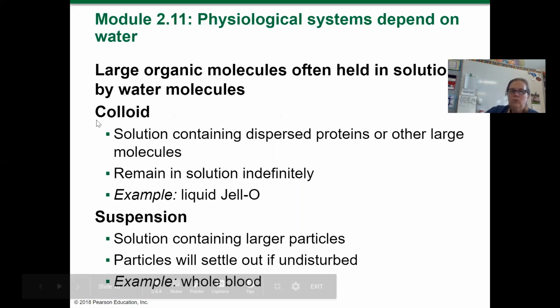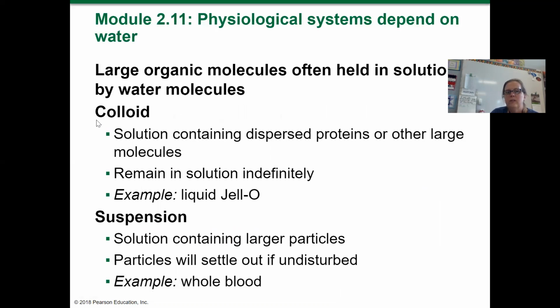Large organic molecules held in solution by these water molecules are called colloids, all right? The example they give you is liquid Jell-O. It's a very thick colloid. These will remain in solution indefinitely, and usually the solution contains large molecules.